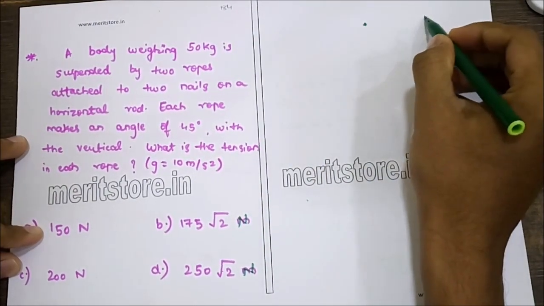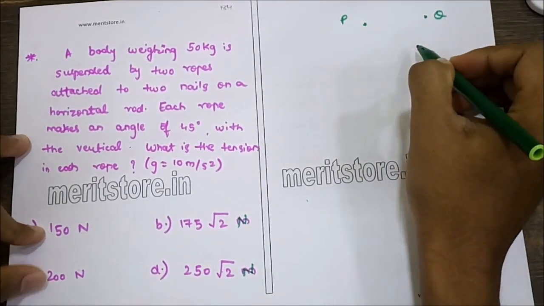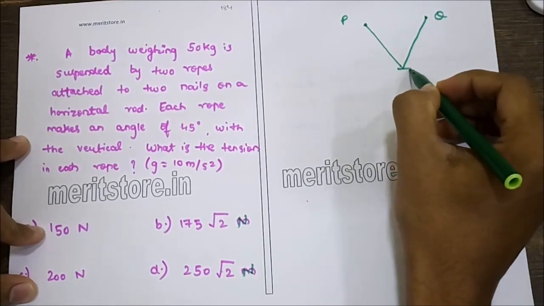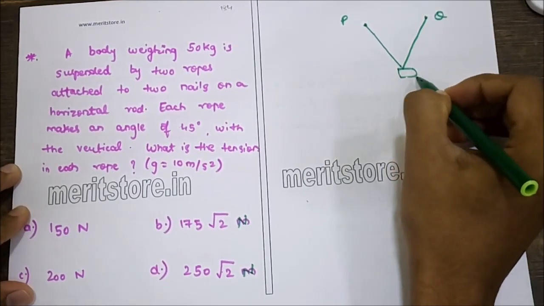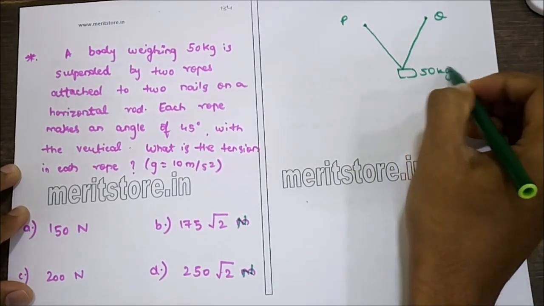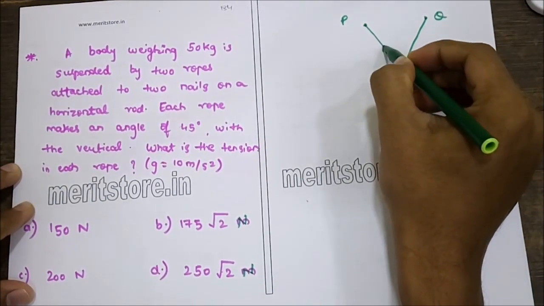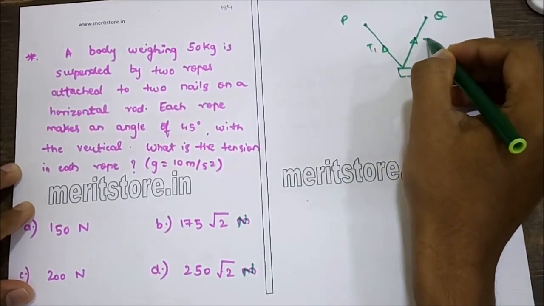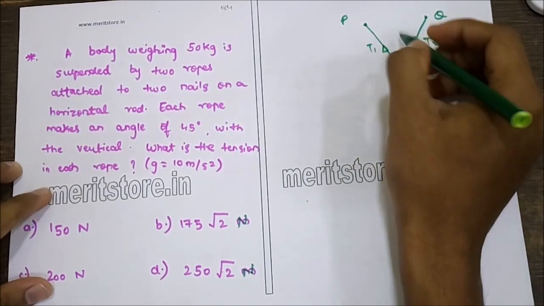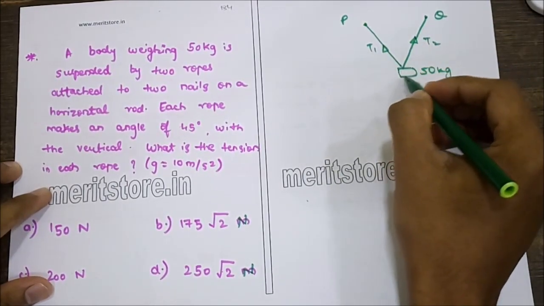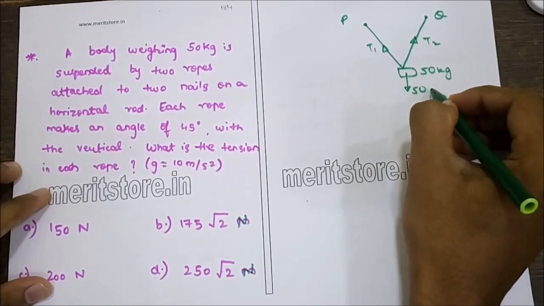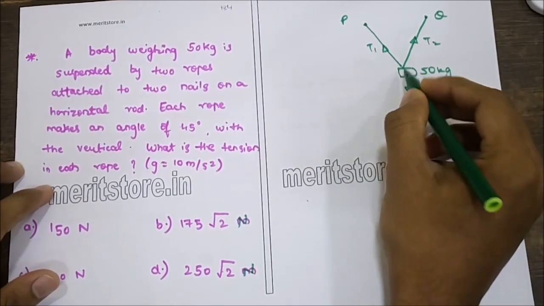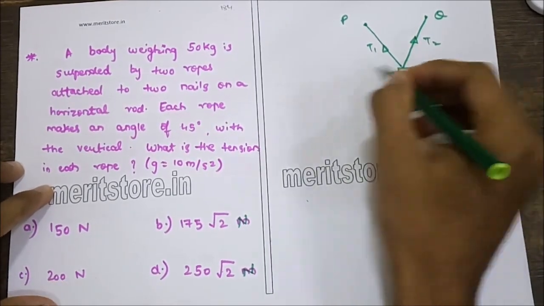Let P and Q be the two nails which support the body of mass 50 kg. Let T1 be the tension in the rope at nail P and T2 be the tension in the rope at nail Q. So the 50 kg weight is the weight of the block that it supports.